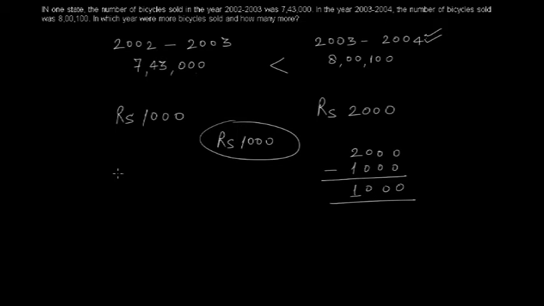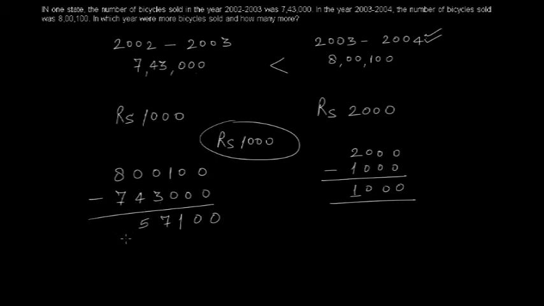So it is 8,01,100 minus 7,43,000, right? And the answer would be 0, 0, 1. You will get 7, here 5, and here.